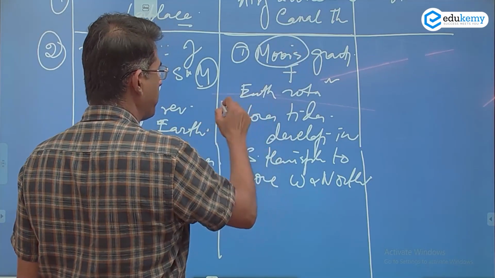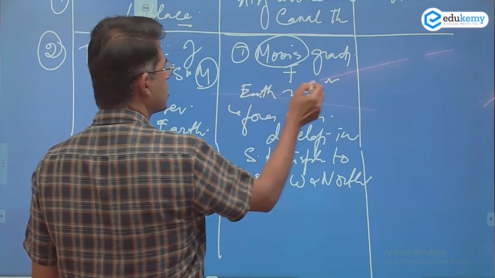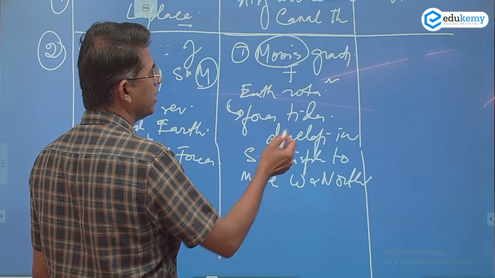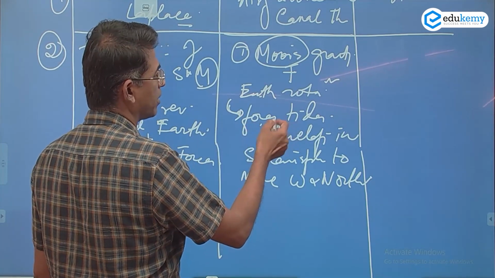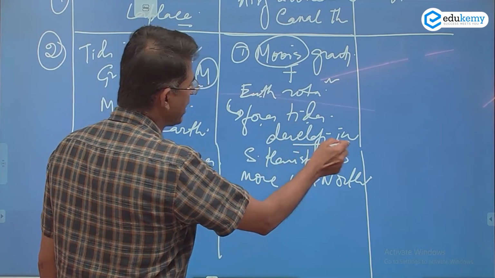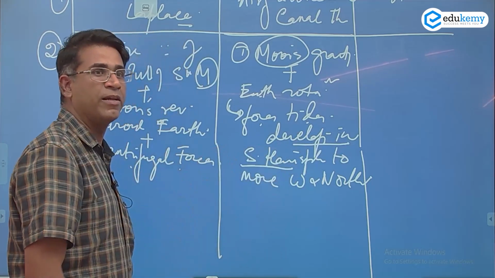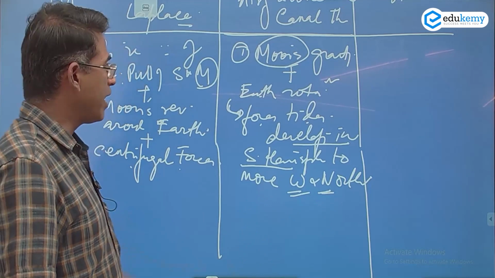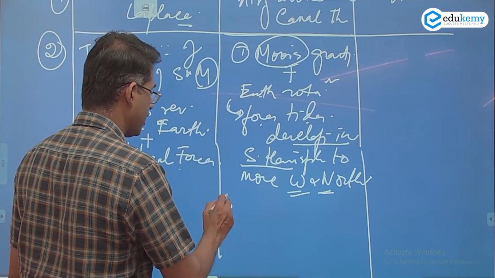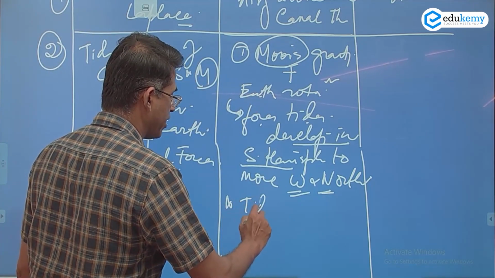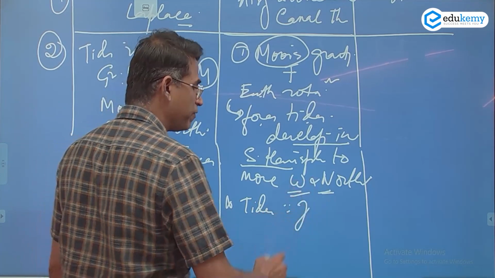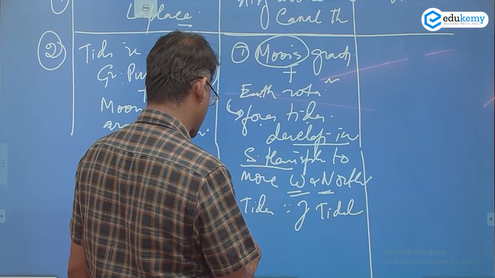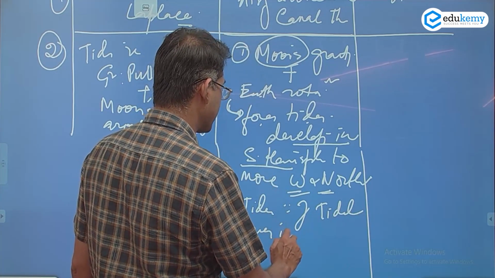Moon's gravity plus Earth's rotation. Because of Earth's rotation there are forces, so tides develop in the southern hemisphere and move west and northwards. And then we have tides because of tidal waves interacting.